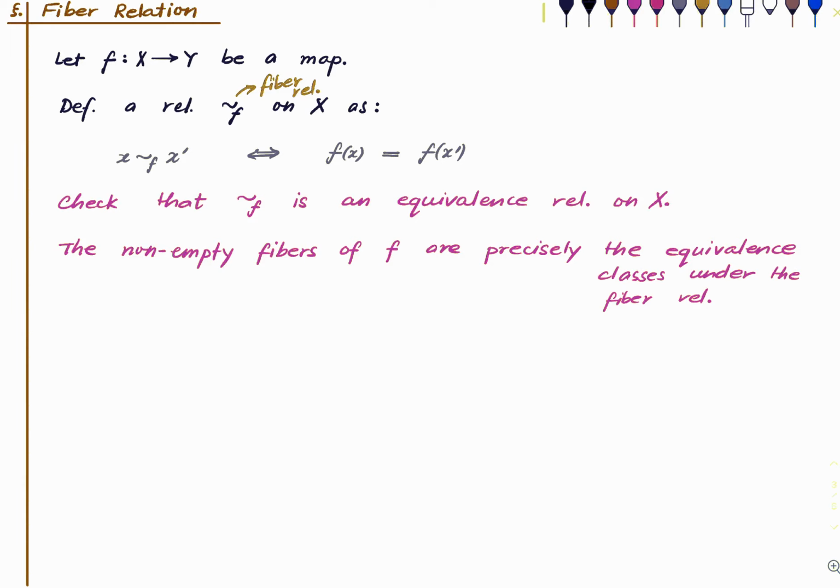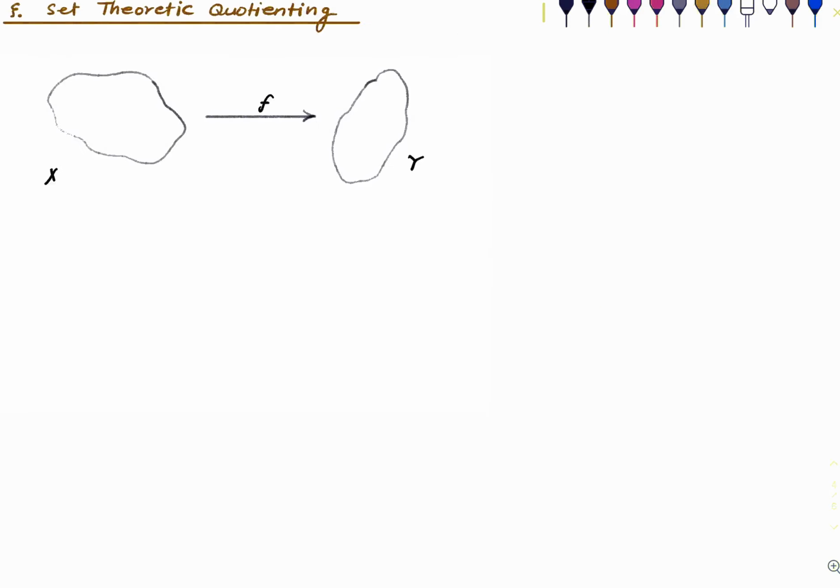Okay, so now for the main point of this lecture, which is set theoretic quotienting. Suppose we are given a function f from a set X to a set Y. Then what one can do is partition the set X into fibers. One way to see why the fibers partition the set X is to just take the definition of fibers and you can see it.